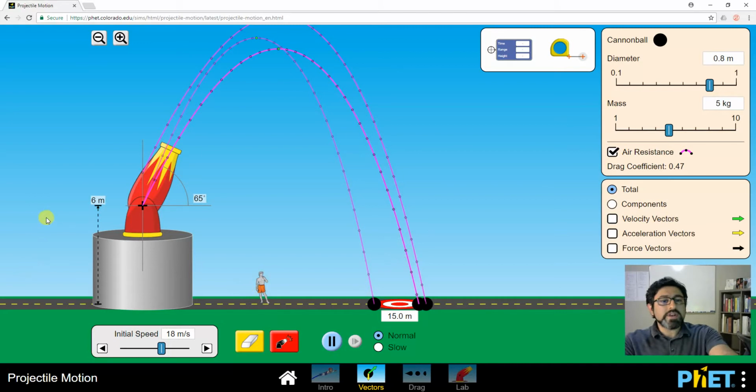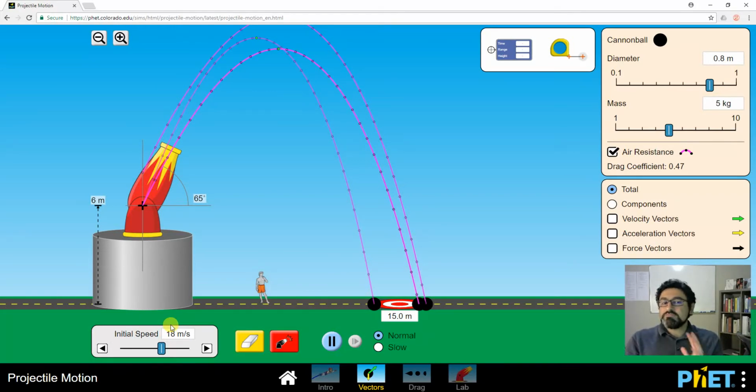Okay, so given a constant height for the cannon, you need to know both the initial speed of the cannonball and the direction. And together, the initial speed and the direction make up the vector of the velocity of the cannonball. All right, so let's just make sure that we understand all the terminology here.